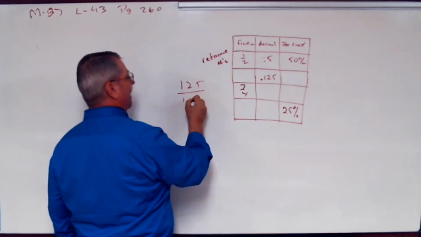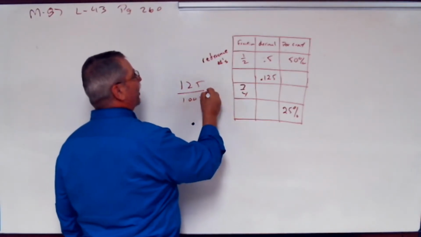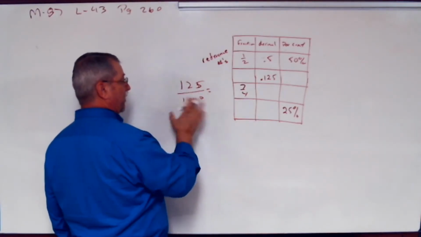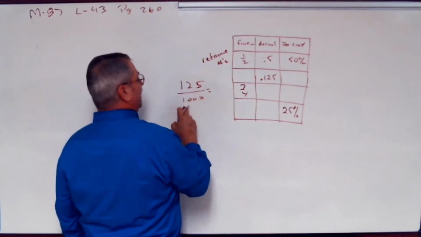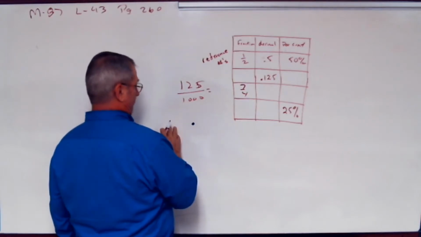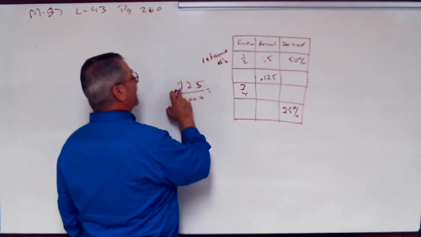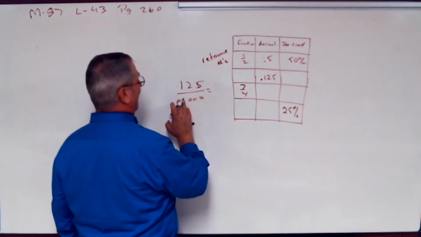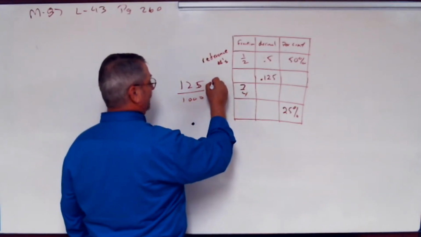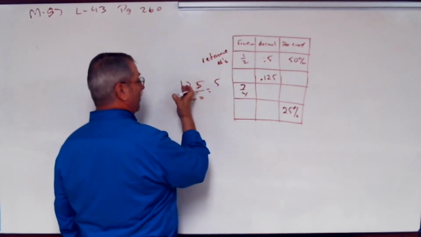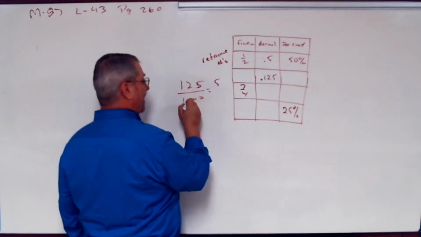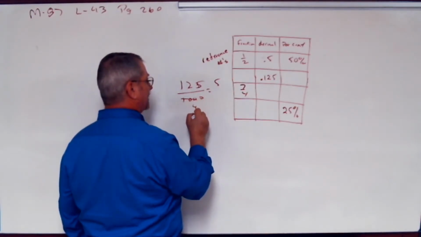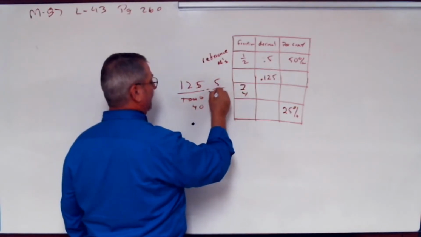125 thousandths. And you always want to reduce these. Always, always, always. You're getting good at it, but you forget sometimes. We divide the top and bottom by 25, all right? Excuse me. So 25 goes into 125 5 times, right? Because 4 times 25 is 100 plus another 25, all right? 25 goes into 100 4 times with a 0 on it.